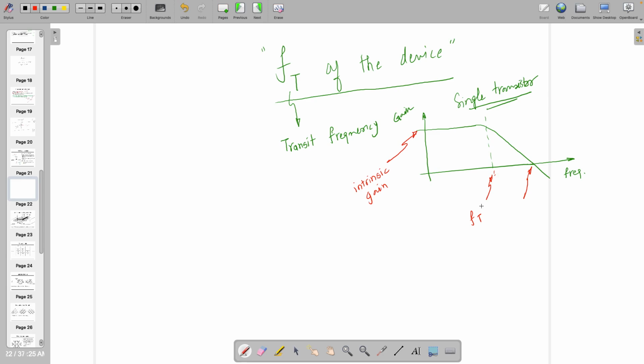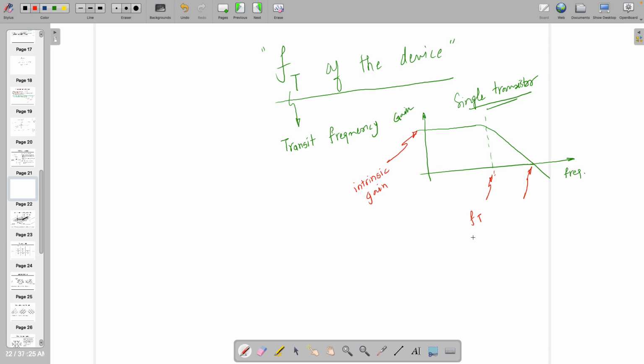For 65 nanometer, as you are scaling down, the FT of the device is getting increased. Why is it so? Why do you think it's going to increase? Low distortion? If FT is higher, low distortion.